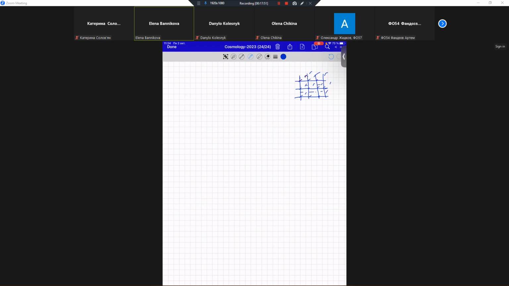We consider three-dimensional space with x, y, z, and we have some vector in it. Let's consider the element of this vector.